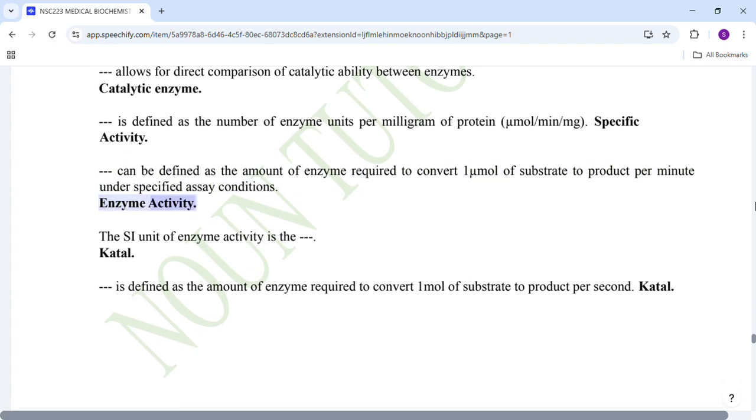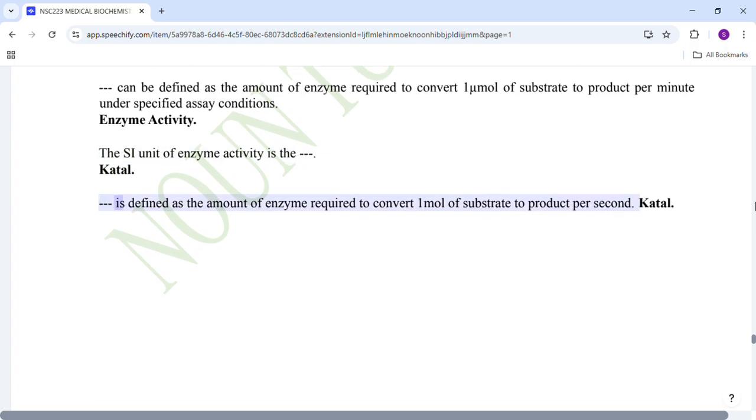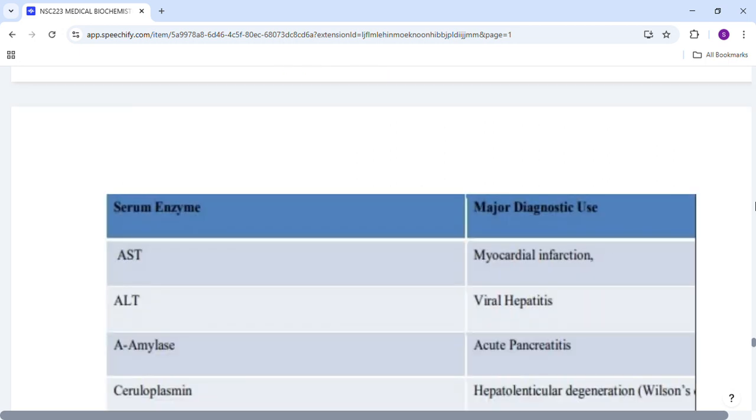The SI unit of enzyme activity is the katal. It is defined as the amount of enzyme required to convert 1 mole of substrate to product per second. Table 12.4: Serum enzymes used in clinical diagnosis.